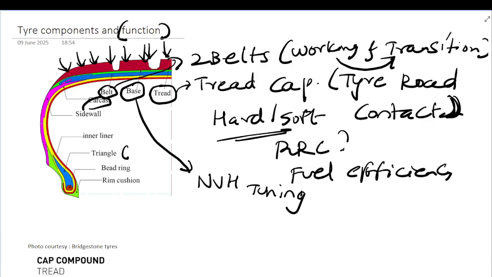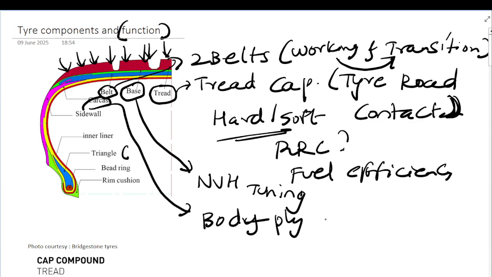The carcass is what we saw in the first slide. It is a very important layer of the tire, also known as the body ply. Usually all these layers are a sandwich of rubber.